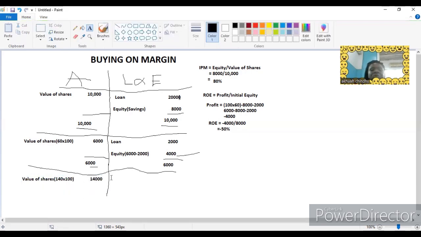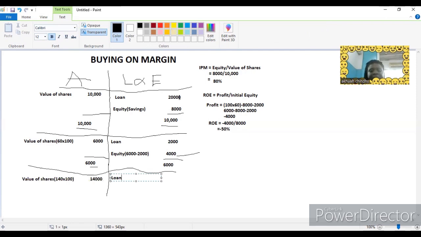And then our loan remains the same because we've already taken the loan. We have our 2,000. And then our equity will now be the value of our shares, which is our assets, minus the loan. And then we would have 12,000.